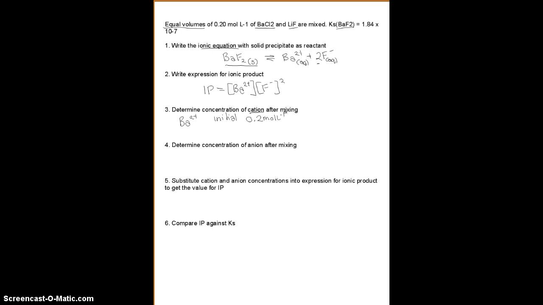We then know that we are going to be doubling the volume of the solution. If we're doubling the volume but keeping the amount of barium the same, then the concentration has been halved. So the final concentration is 0.2 times a half, which is equal to 0.1 moles per litre.